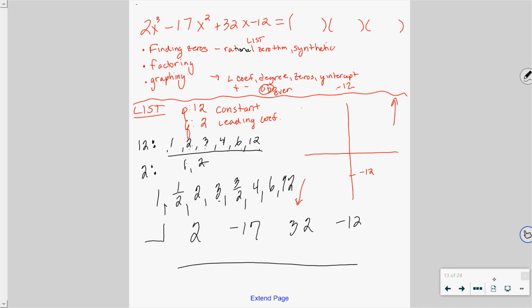Is it positive 6? I think that works. Right? Positive 6 works.